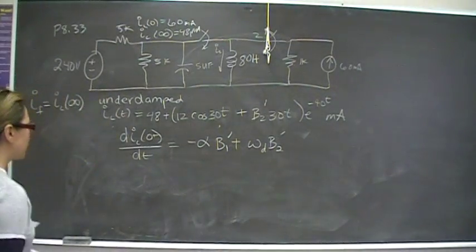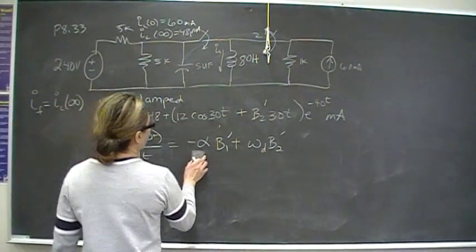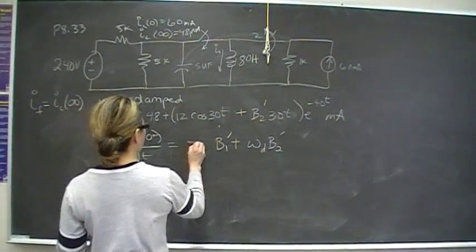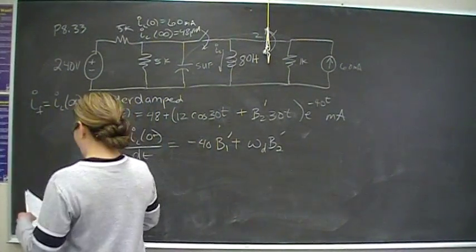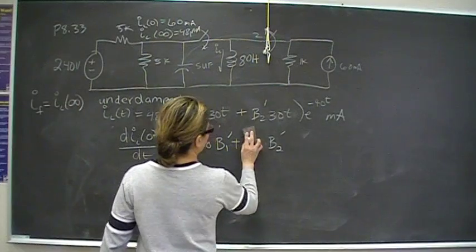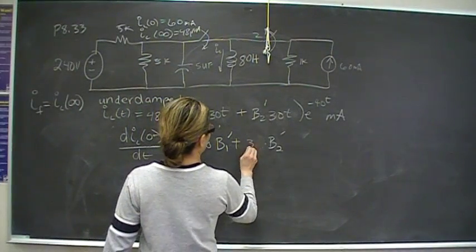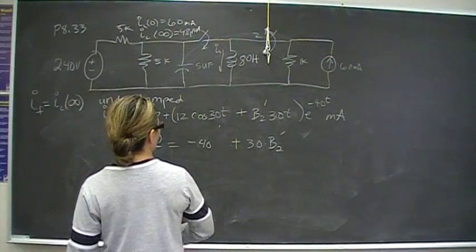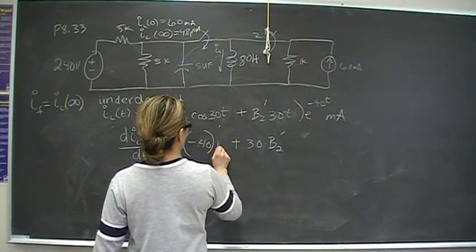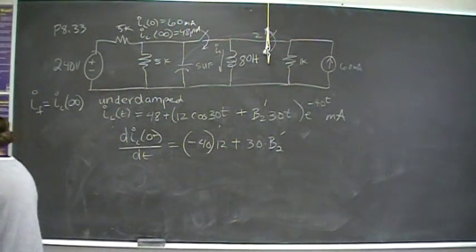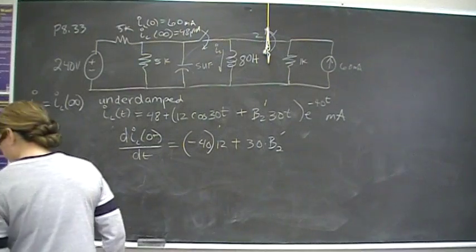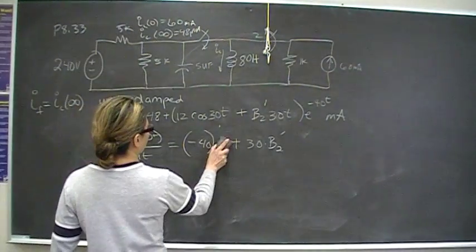We know a lot of this information. Negative alpha, alpha was 40. Omega d is 30. And B1 prime we just found to be 12. So 12 times 40, 40 times 12, this is negative 480.